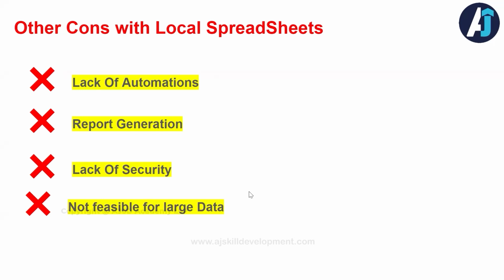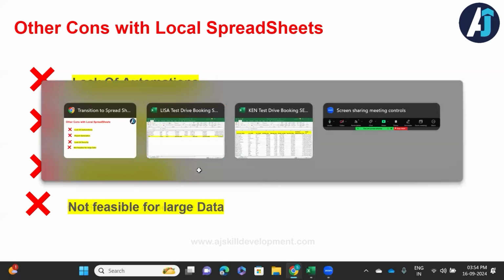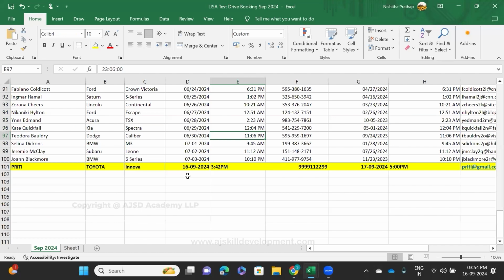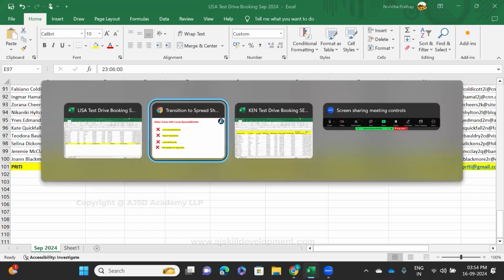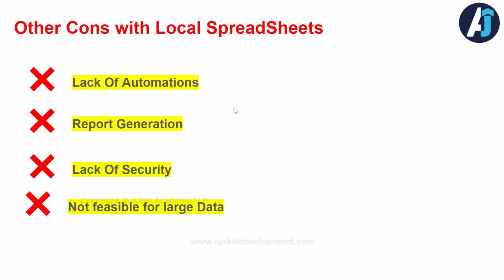Imagine that the car showroom is growing very big with multiple showrooms, and the customer data is going to be larger. Spreadsheets will not be easy for accessing a large amount of data. Okay, so these are the cons with local spreadsheets.